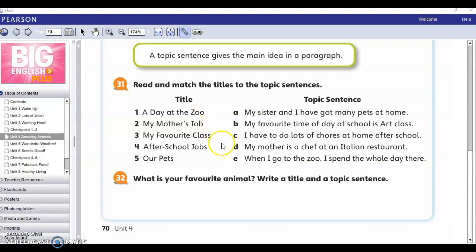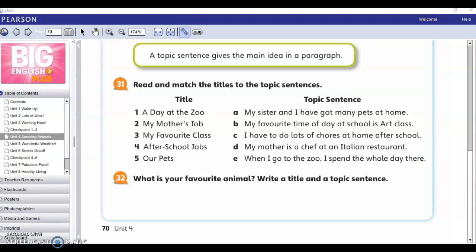So, if you take a look at E, you will see, "When I go to the zoo, I spend the whole day there." So, this is the topic sentence. So, 1 goes with E. I want you to try the rest, and then we will discuss them. Pause it now. I'm sure you're ready.